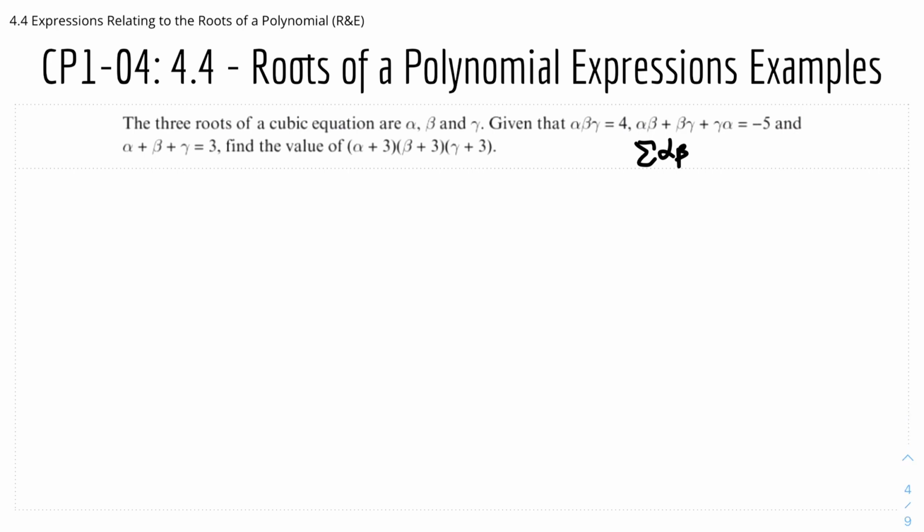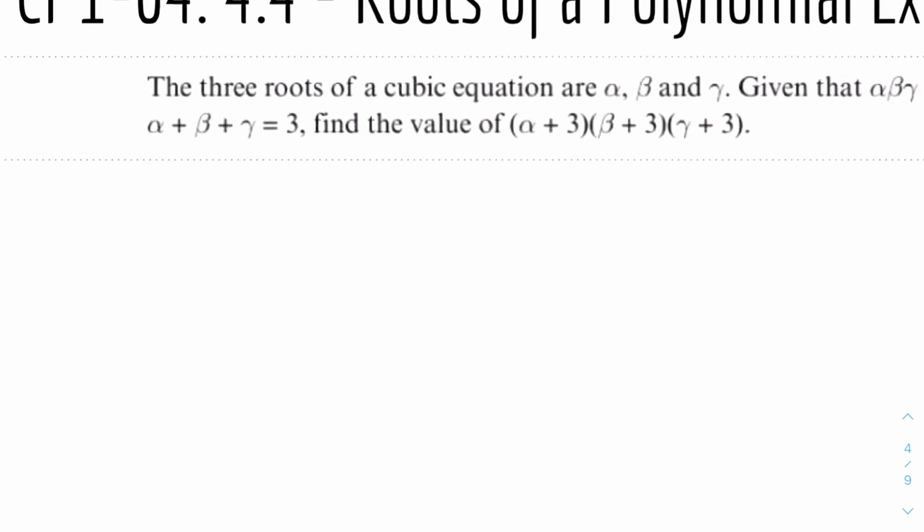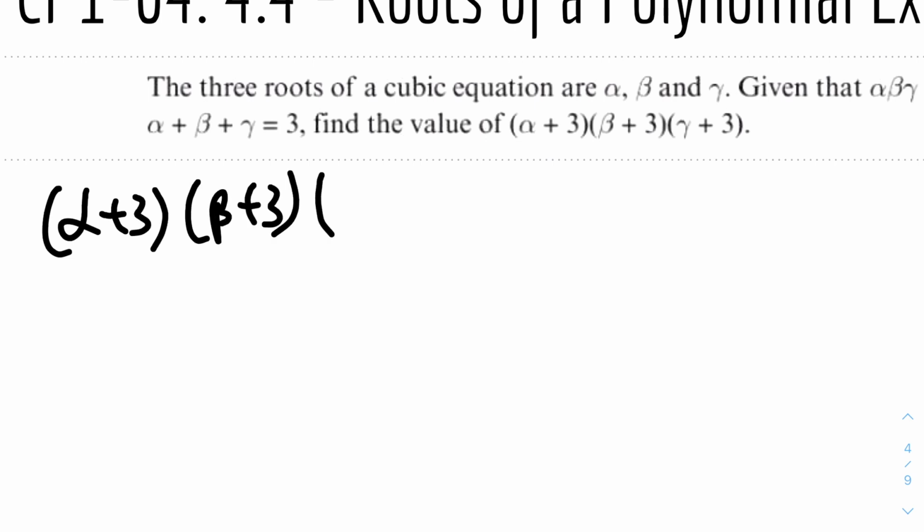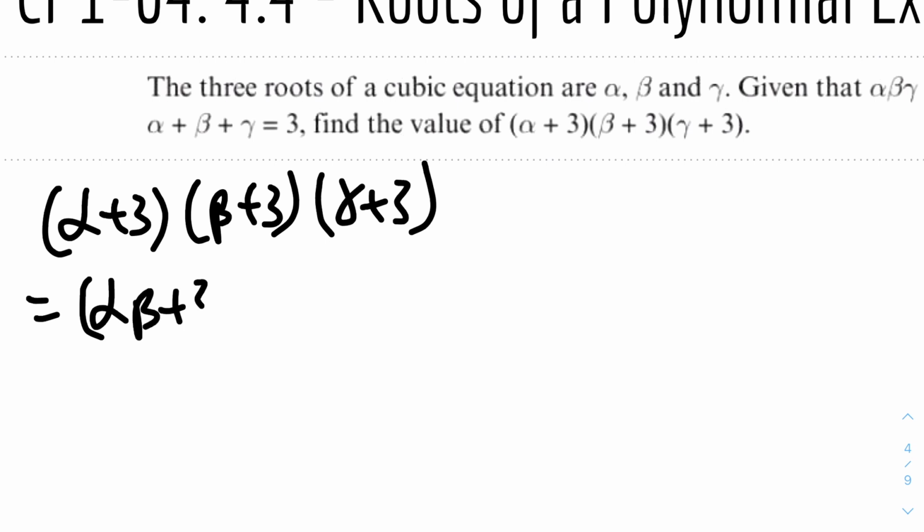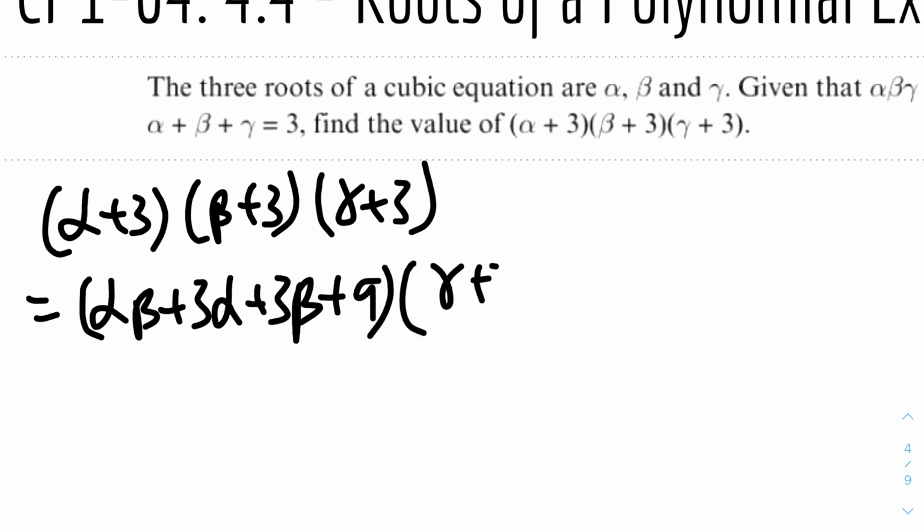So there's no simple way of doing this, but we just have to expand this whole thing right here. So expanding it, let's just do it right now. Alpha plus 3 times beta plus 3 times gamma plus 3. So this will be equal to, let's expand the first 2 brackets first. So it'll be alpha beta plus 3 alpha plus 3 beta plus 9, like so, times gamma plus 3.